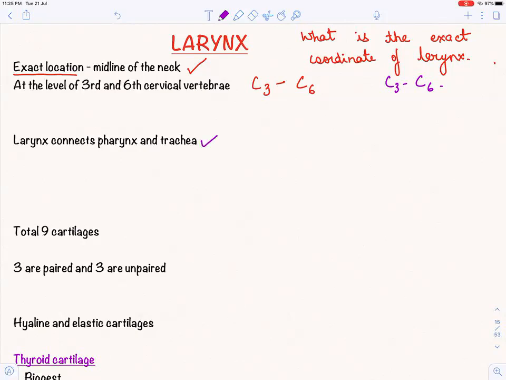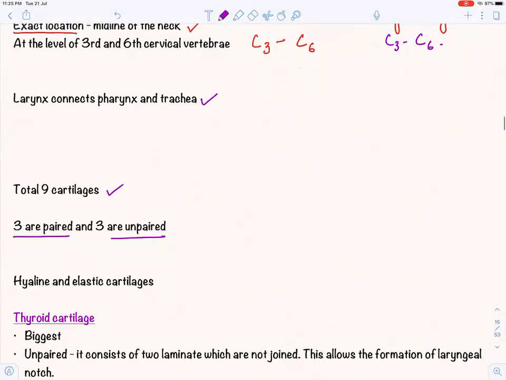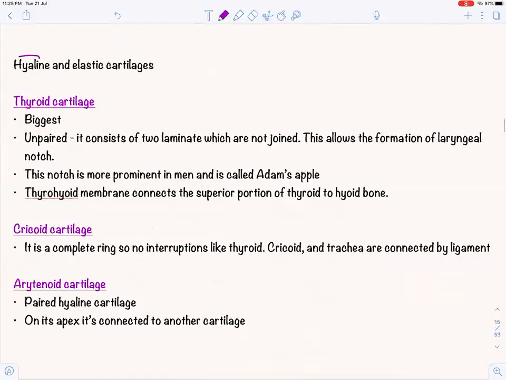I told you that there are a total of 9 cartilages, in which 3 are paired and 3 are unpaired. Let us study the hyaline cartilages first, and then the elastic cartilage. Thyroid cartilage: I had already shown you, and told you it's the biggest cartilage.